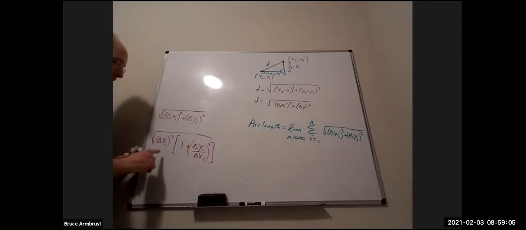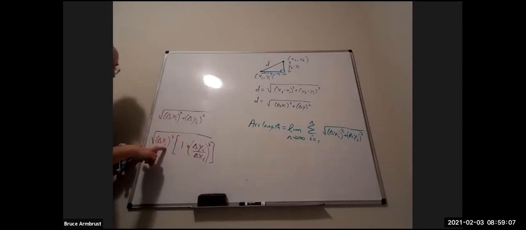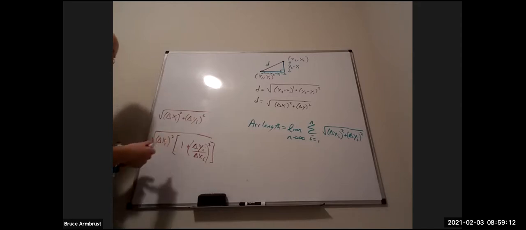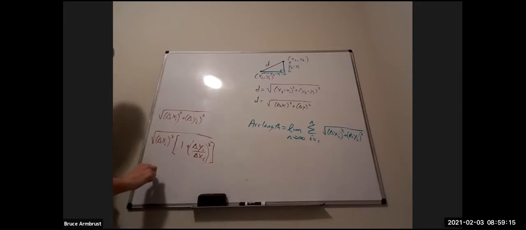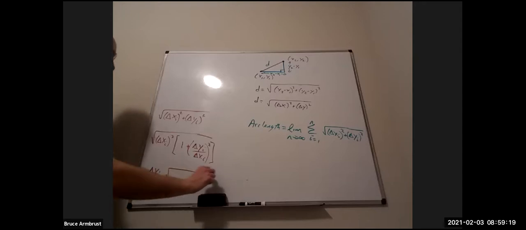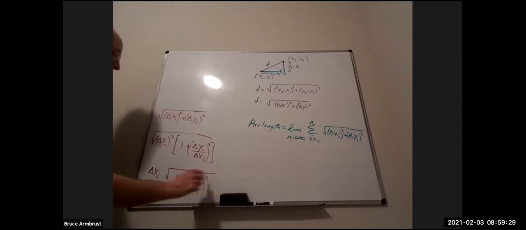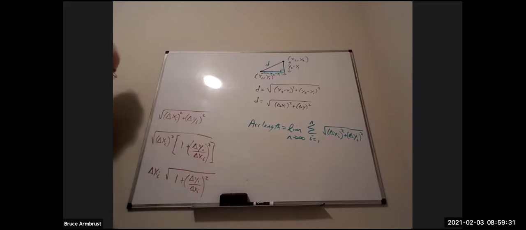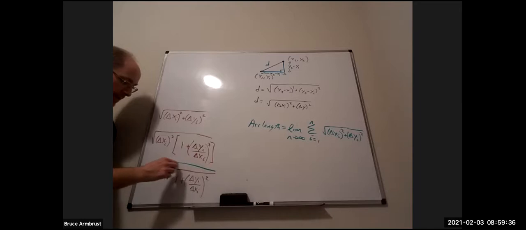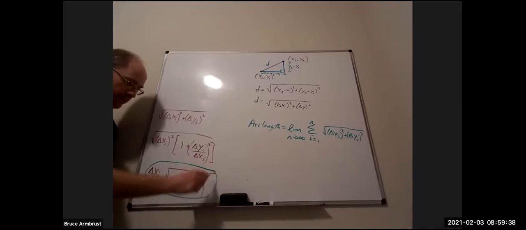And now I can pull out this delta xi squared. I can pull it out of the square root. The square root cancels with that square. So I get delta xi times the square root of 1 plus delta yi over delta xi squared. Okay, let me circle this for a second because I want to highlight it.